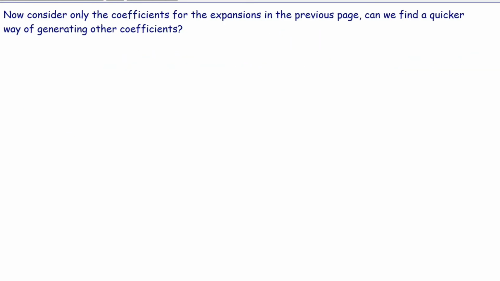We want now to consider only the coefficients for expansions, in the first page that we looked at, and try to find a quicker way of generating other coefficients. Now, remember at the top, we started with 1, and then what followed was 1 and 1, and these are the coefficients for a plus b to the power of 1.